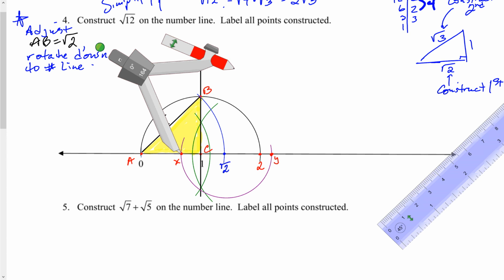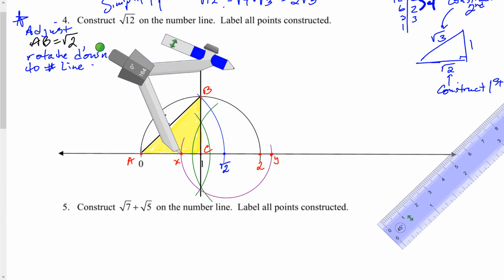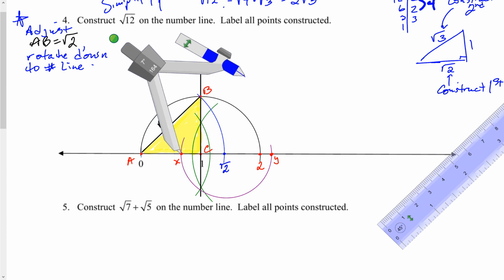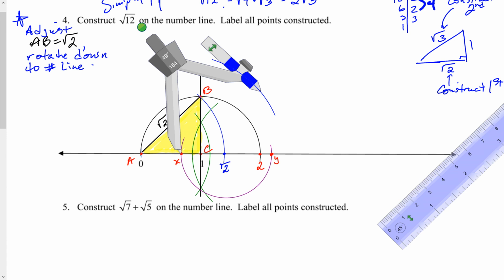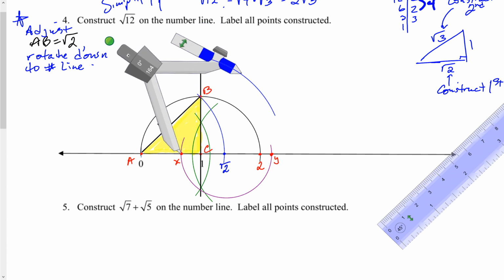Okay, so let me repeat this procedure here. Always double check. Let me get a different color here. Okay, so one arc from X. Oops, I don't want to make it that long. That's not necessary.